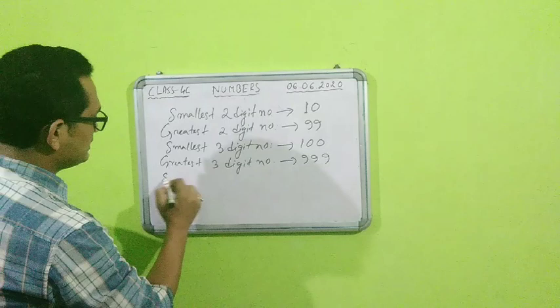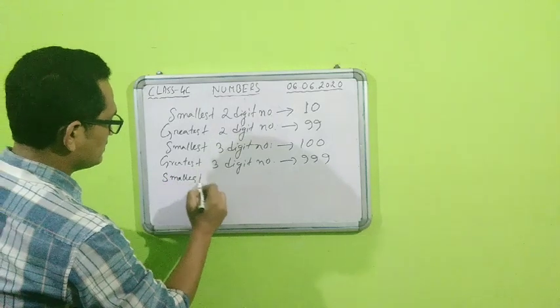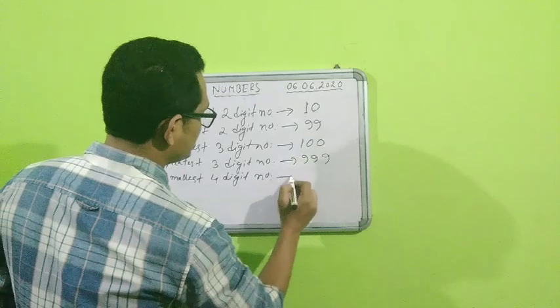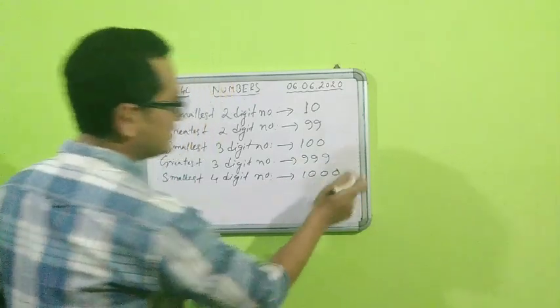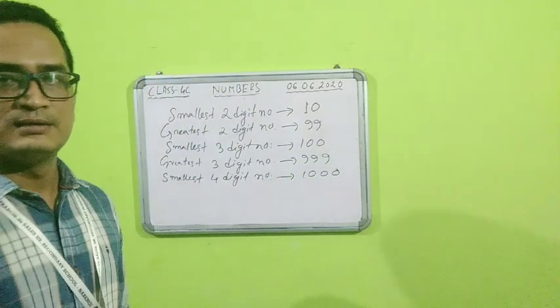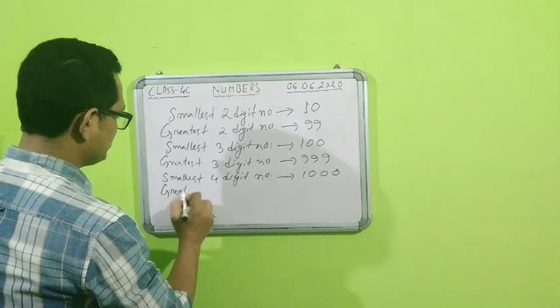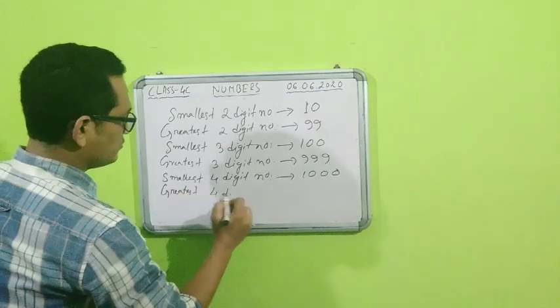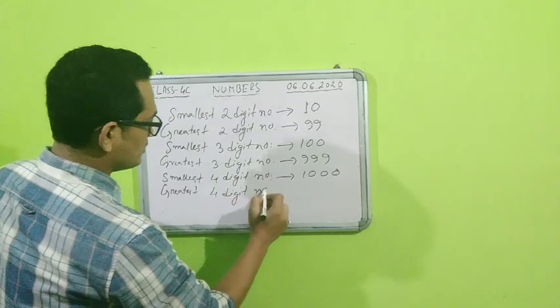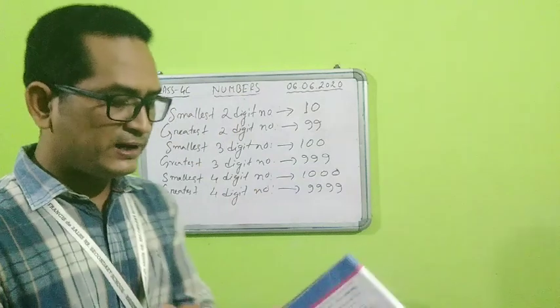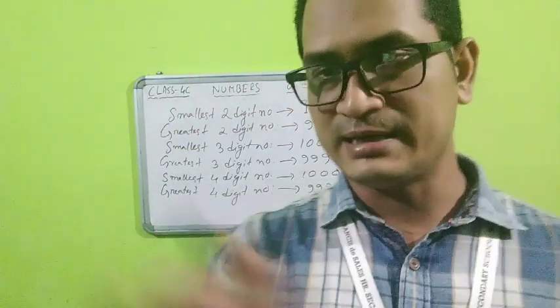So the smallest 4-digit number will be just next to the greatest 3-digit number, that is 1000, and the greatest 4-digit number will be this one, 4 nines will come, 9999.